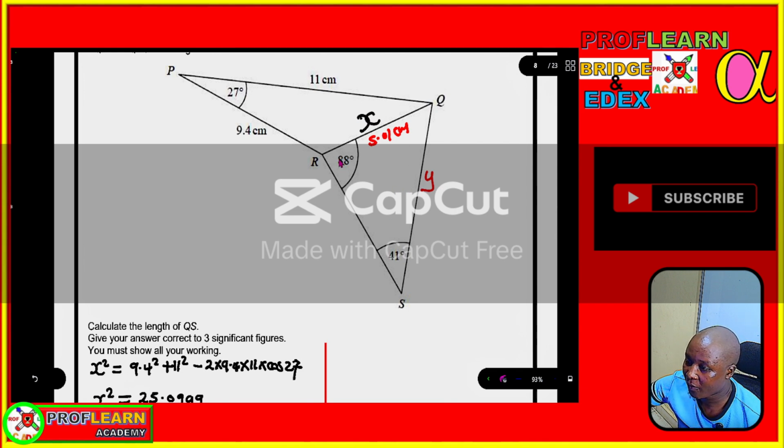So meaning if you have this 8, we can say y over sine 88 is equals to this value that we got here, 5.01 over sine of 41.